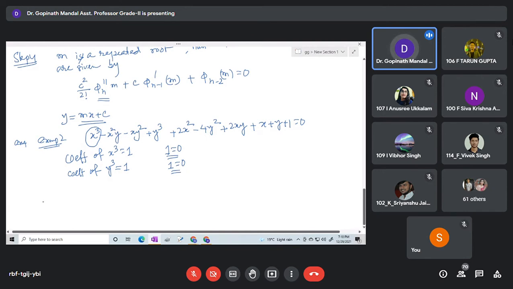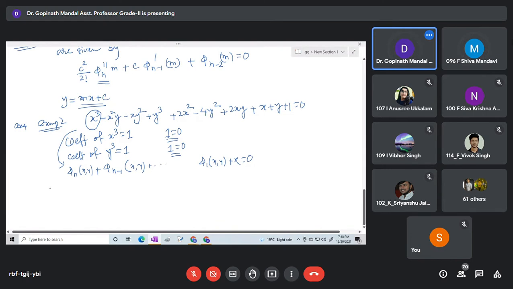Now to find oblique asymptotes, we have to write this equation in that form: phi n xy plus phi n minus 1 xy, like that, phi 1 xy plus k equal to 0.